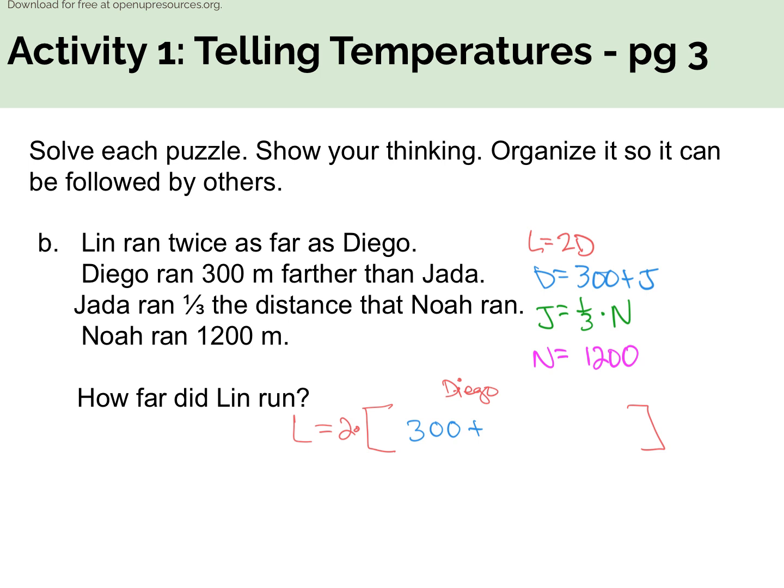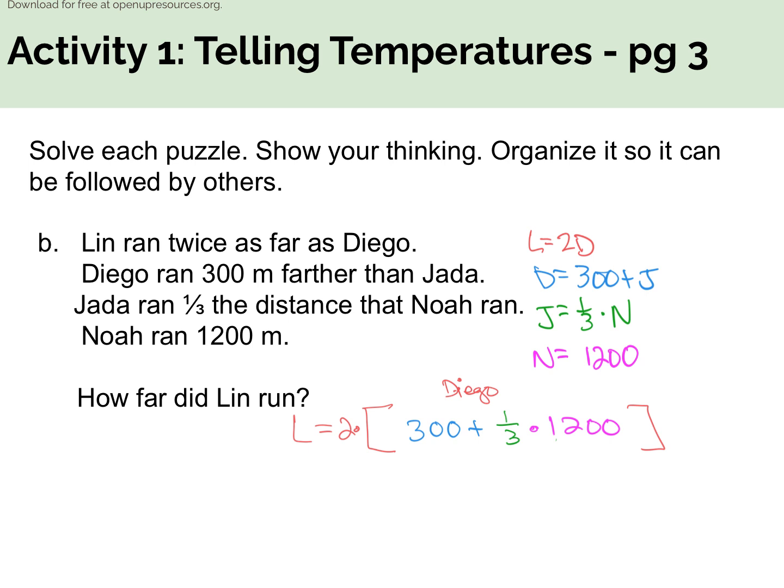And it said Jada was 1/3 Noah. And then I know I can take out Noah, because Noah was 1,200. So all I did is kind of put together what we have.